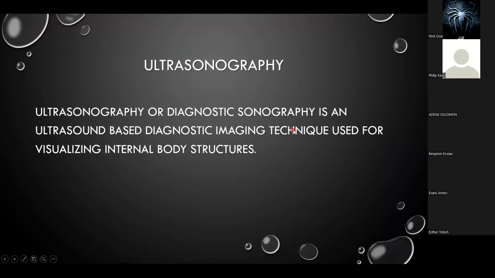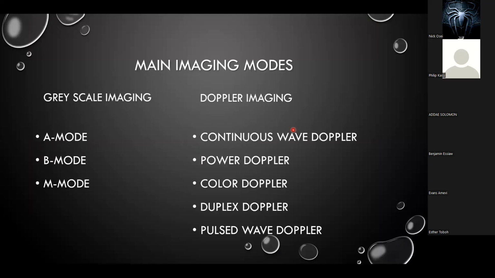All right. Okay, so basically ultrasonography is a diagnostic imaging modality that is based on using ultrasound waves to study internal body structures, based on just ultrasound. So their sounds are very high.